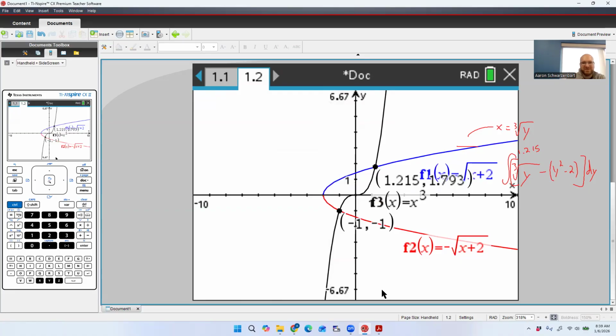Oh, that one's just, -1. That's a nice value. So now I can do my integral.